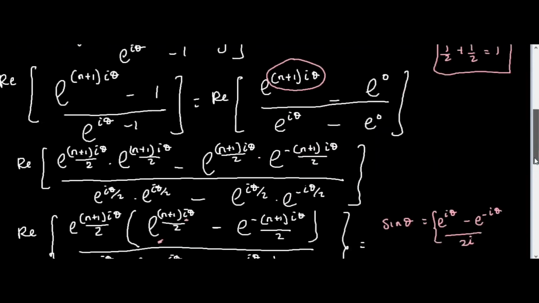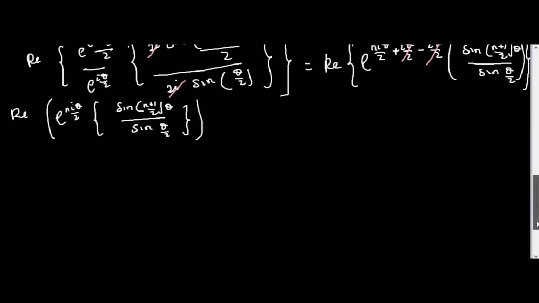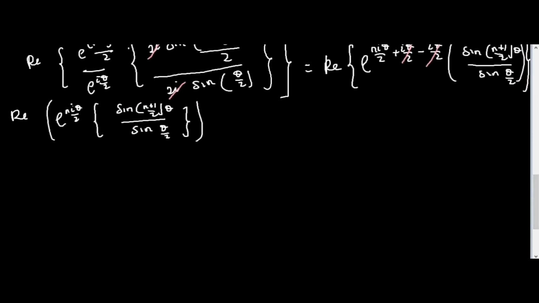So I can bring the idea here and do exactly the same thing by saying that this is the real part of cos n theta over 2 plus i sine n theta over 2.